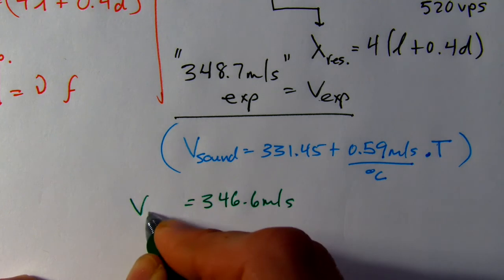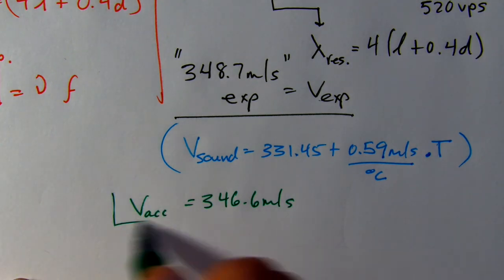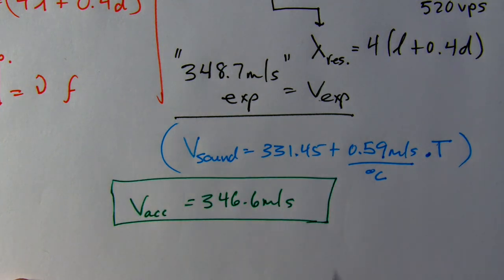This is your accepted value. There you go. All you have to do is compare the experimental with the accepted, and you could do that in terms of a percent error or something like that.